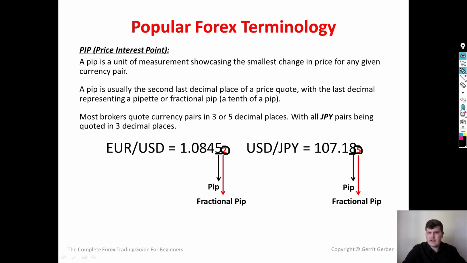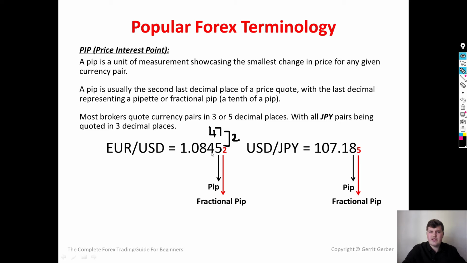Now let's say, for instance, the price of the Euro USD changes from 1.0845 to 1.0847, then that would be a change of 2 pips.